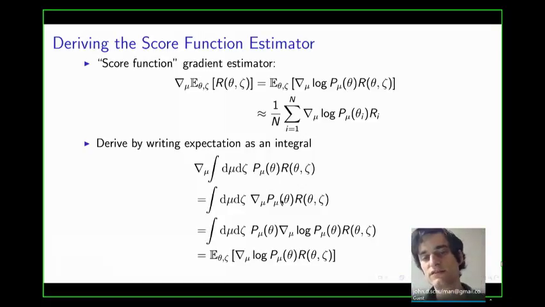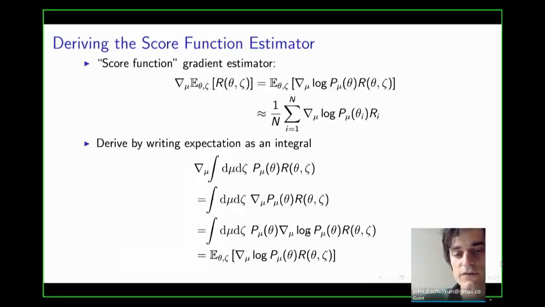Actually, it doesn't even have to be differentiable, it just has to be almost everywhere differentiable. As long as it's almost everywhere differentiable, you can swap this integral and the derivative, and then you get this. Then by the chain rule, when you take grad log probability, that's equal to grad probability divided by probability.